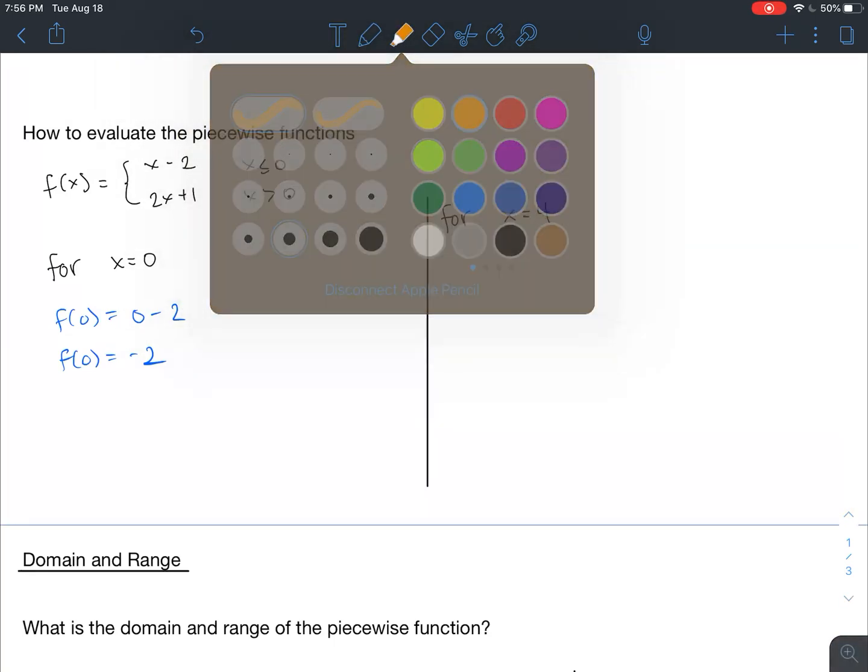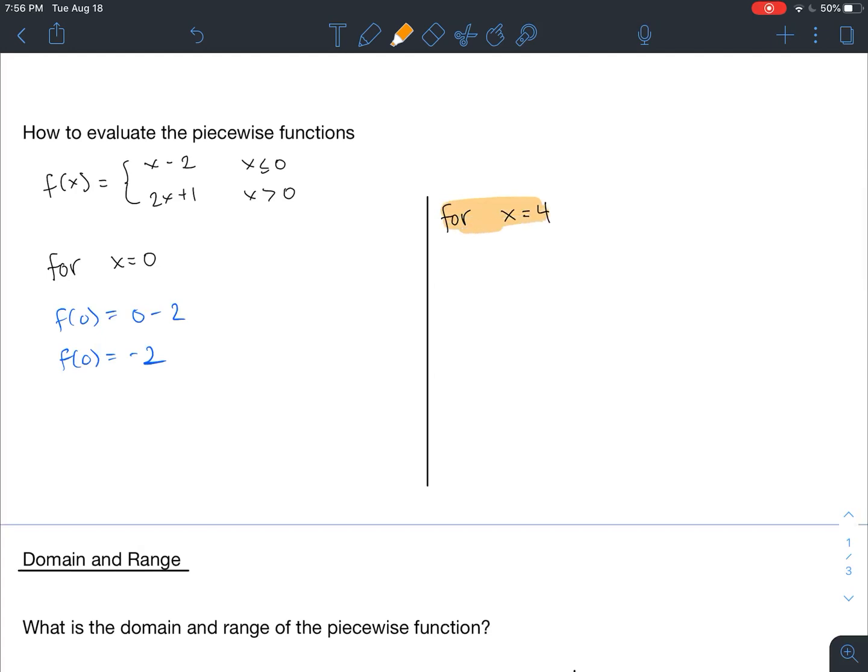Now, let's go to this one right here. For f of 4, where does 4 exist? 4 is a positive number. This piece of the function is for negative numbers, because x is less than or equal to 0.